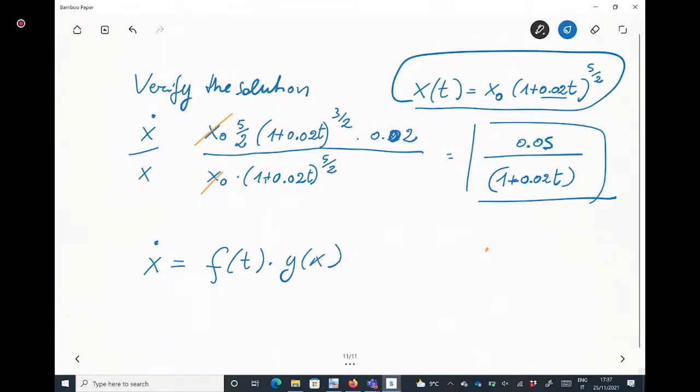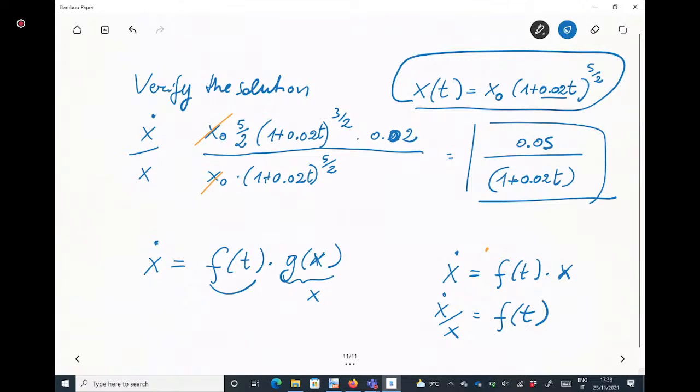In my view, the most important types of these separable equations in economics and finance are the ones in which we have f of t here, but just x here. Okay? So a very peculiar type is this. Because this can be transformed, by dividing by x, into: the time growth rate is equal to a function of time. Okay?